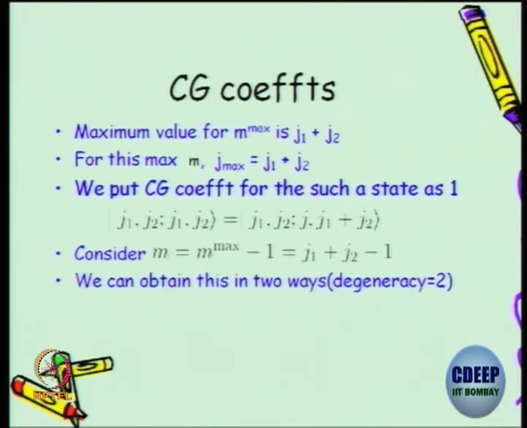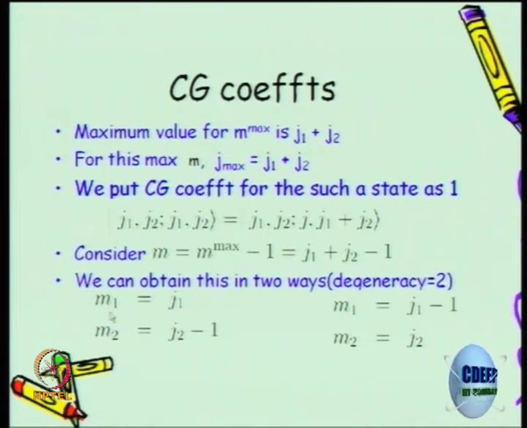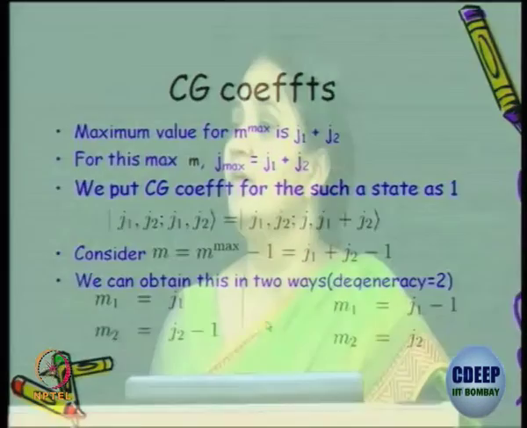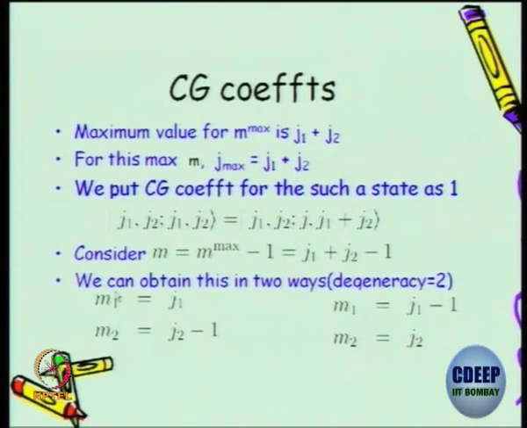Okay. So, we can obtain this in two ways. What is the first way? In the uncoupled basis, if you take M1 to be J1 and M2 to be J2 minus 1, that is one way. To get a specific M, M has to be M1 plus M2, M has to be J1 plus J2 minus 1.